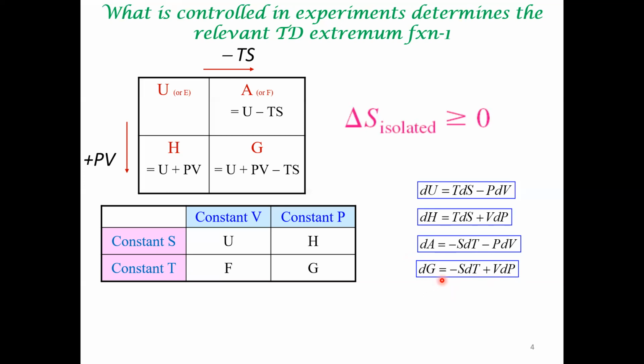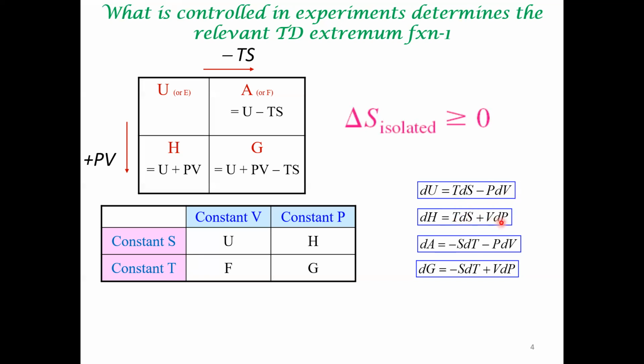Likewise, supposing you are able to design an experiment where entropy is kept constant and volume is kept constant, dU would be 0 for such a system. Change in internal energy to the first degree should be 0 for a system where S and V are kept constant.